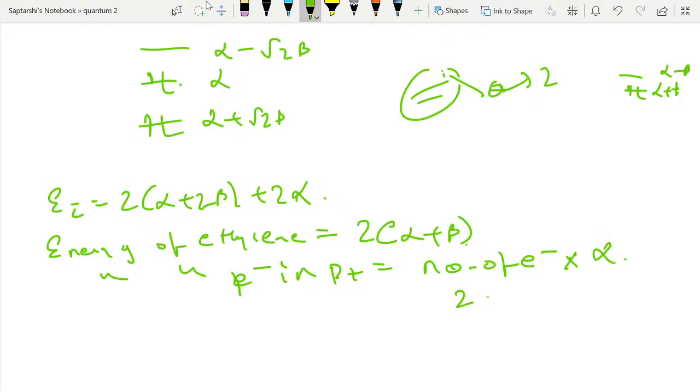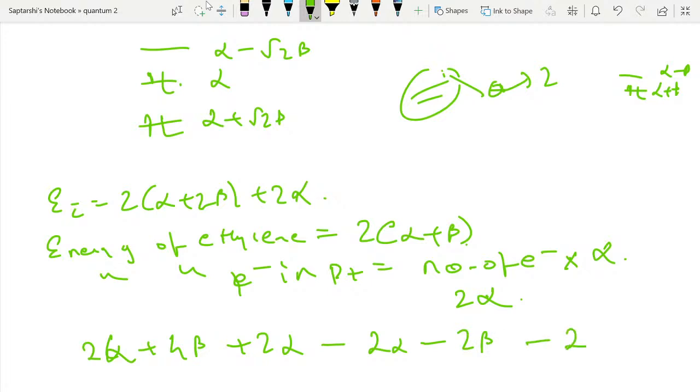So number of electrons is 2 and it will be 2 alpha. So now the answer for this will be your 2 alpha plus 4 beta plus 2 alpha minus 2 alpha. So this is your ethylene unit, right? Minus 2 alpha minus 2 beta, and this is the p orbital unit, that is minus 2 alpha. So 4 alpha gets cut. So answer should come as 2 beta.